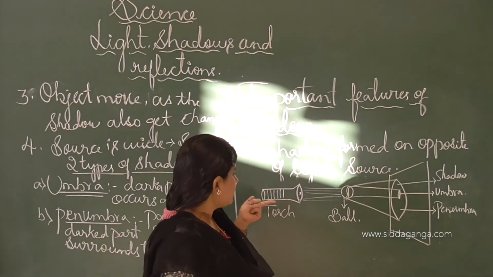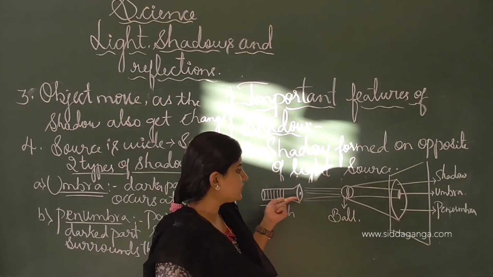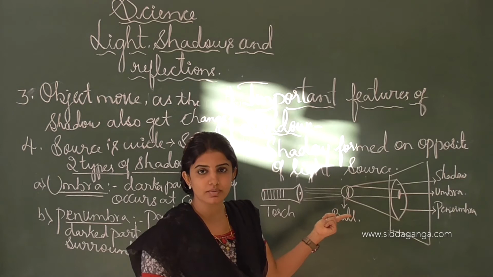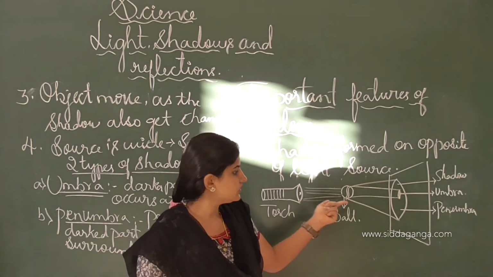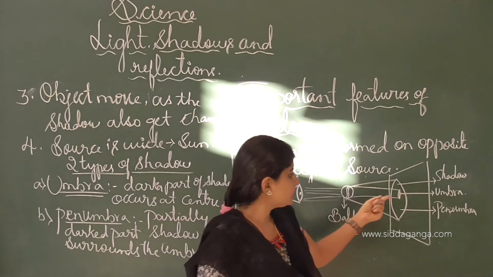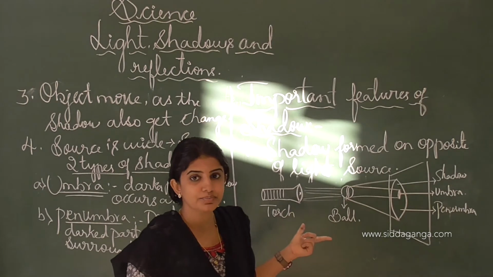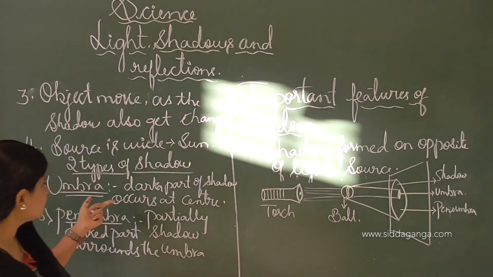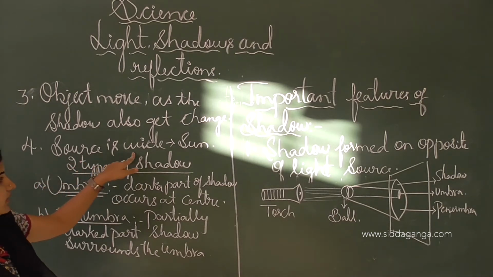See here, if we put on the torch and focus the rays on a particular opaque object, and if the source of the light is wide, then two conditions will be formed. See here, the torch acts as a white source of energy instead of the sun, as I told you, the source is wide.